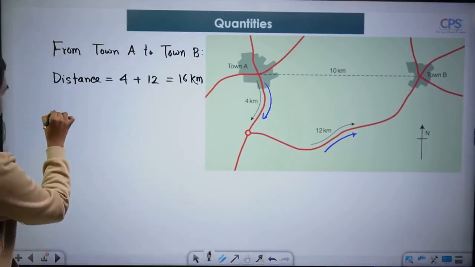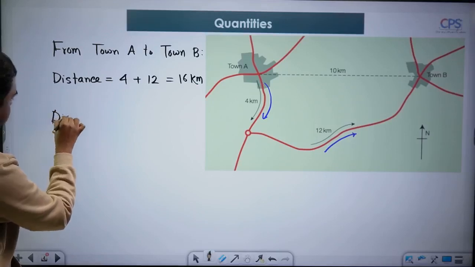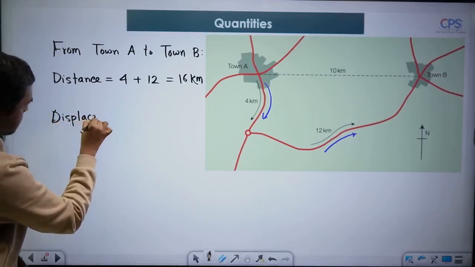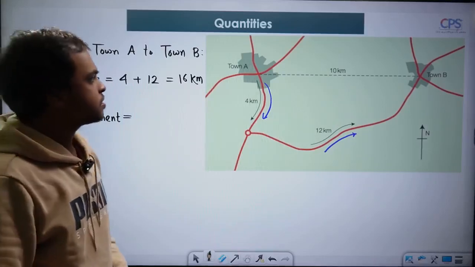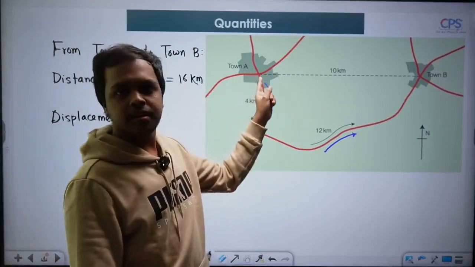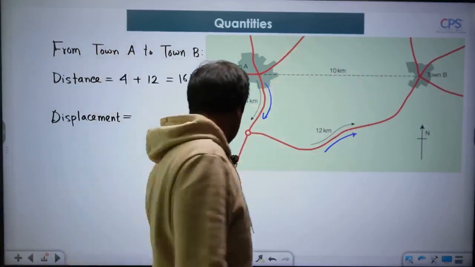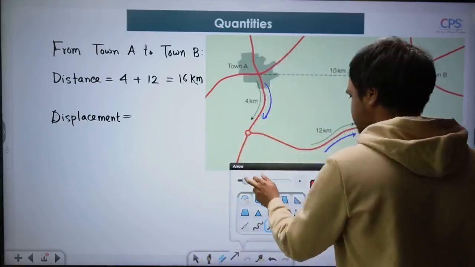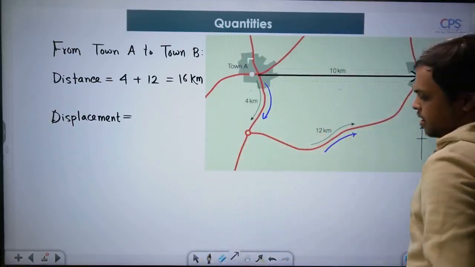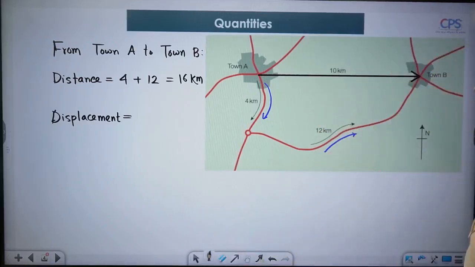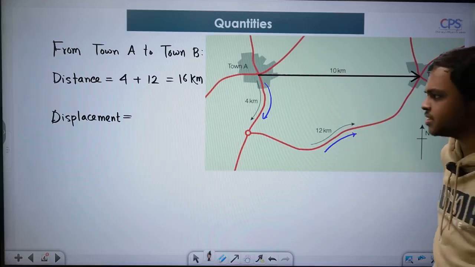The displacement is, see, from town A to town B, you can just give it a straight line, and it says it's 10 kilometers, and that's the displacement.